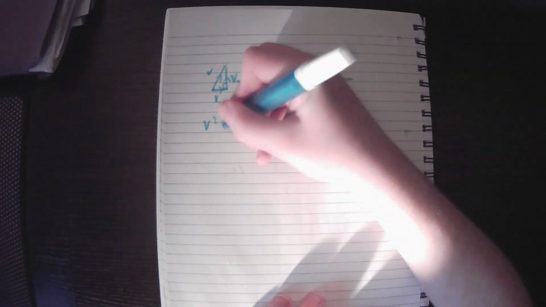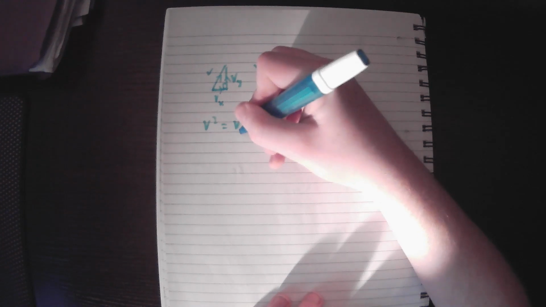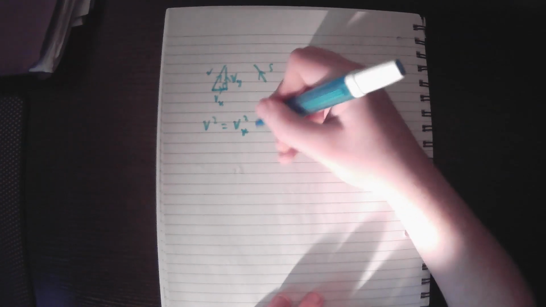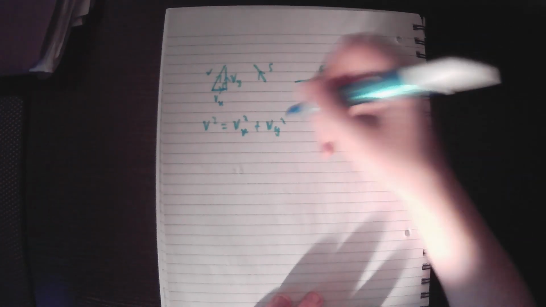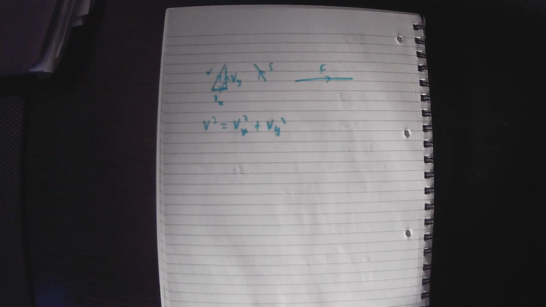But I do it in terms of x and y because that's how we do it in maths. Now, one thing that you may already notice by the fact that it is a right angle triangle is we can take Pythagoras' theorem, which is v squared equals vx squared plus vy squared. You can also use trigonometry.